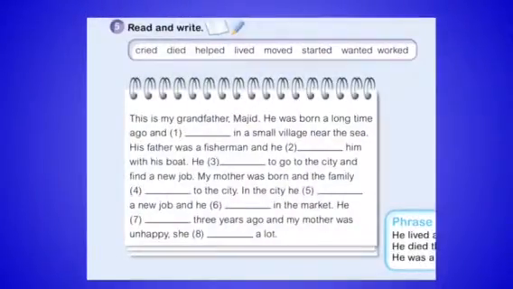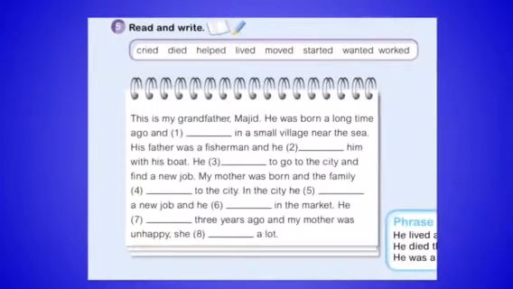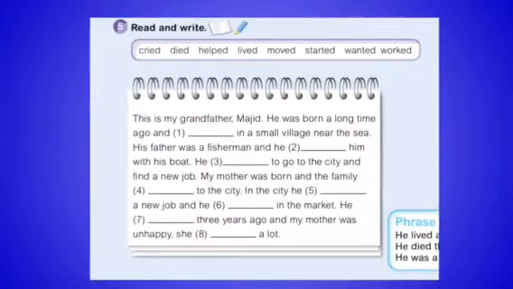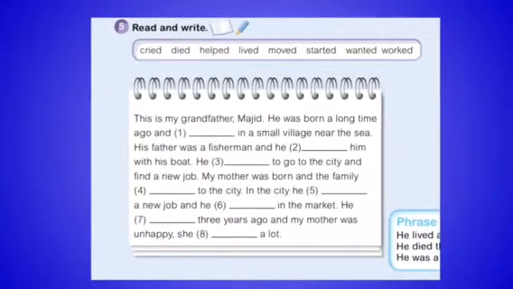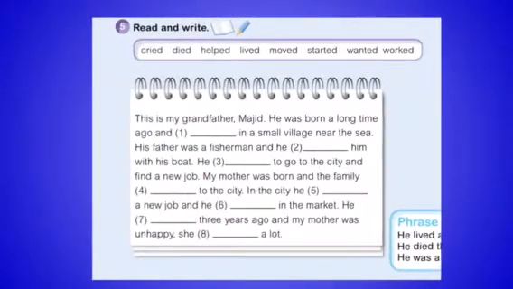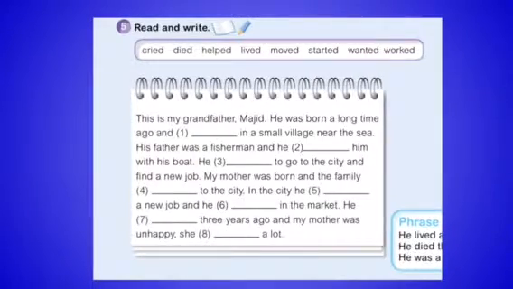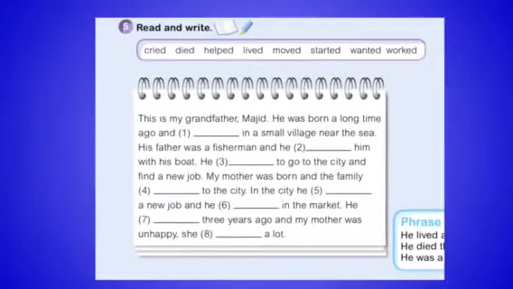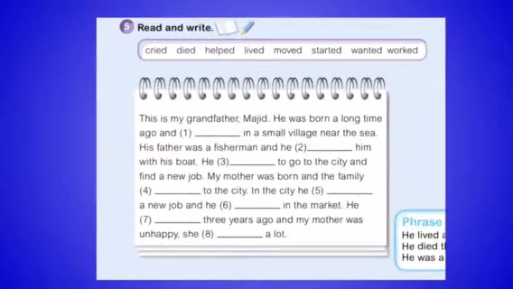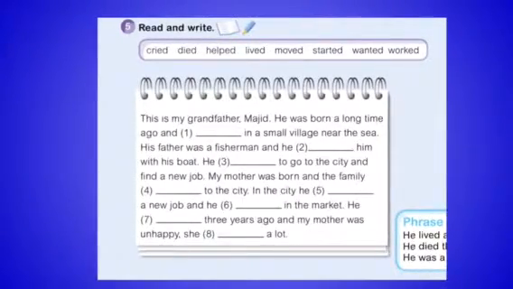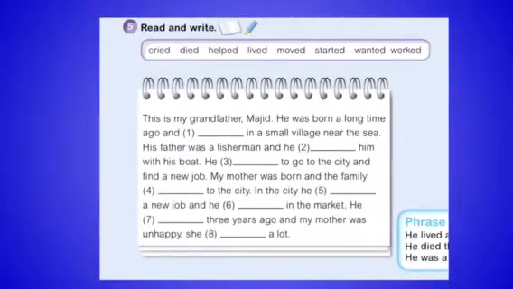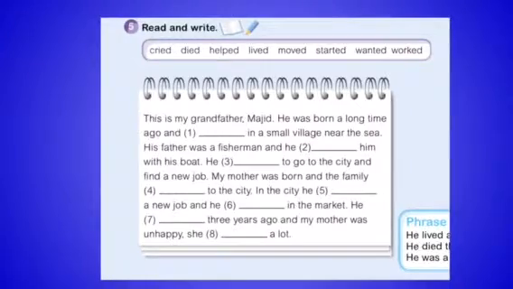Read and write. Cried, died, helped, lived, moved, started, wanted, worked. This is my grandfather, Majid. He was born a long time ago and lived in a small village near the sea. His father was a fisherman and he helped him with his boat.